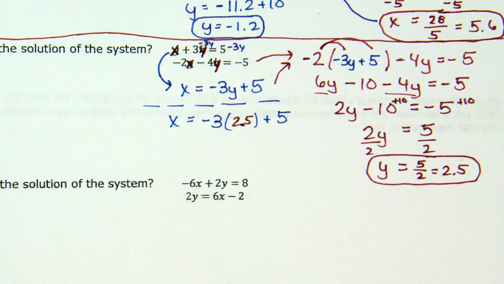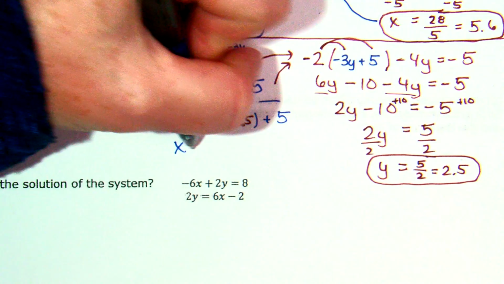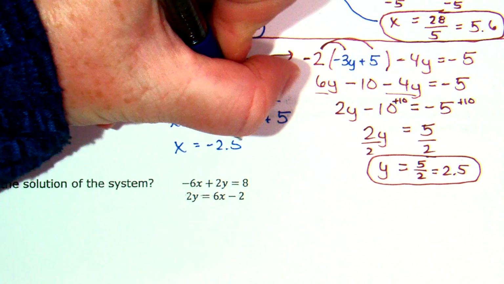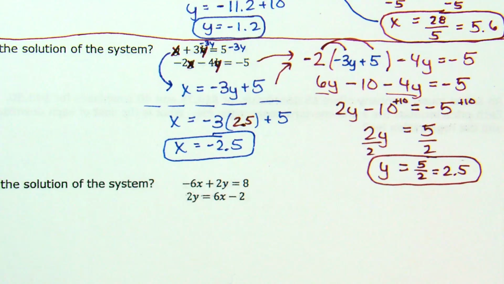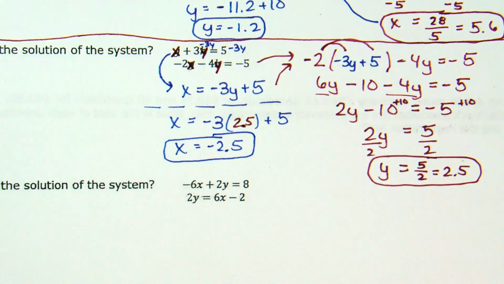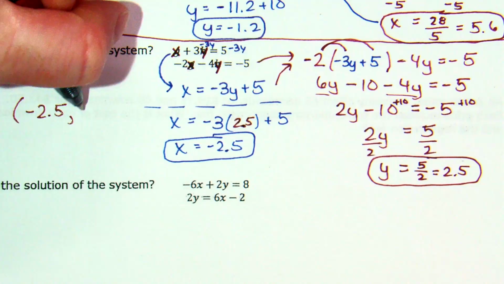Negative 7.5 plus 5? Negative 2.5. Or negative 5 has, if you got it that way. What's the final answer I would like to see? It'd be like, negative 2.5 and 2.5. Negative 2.5, comma, positive 2.5.